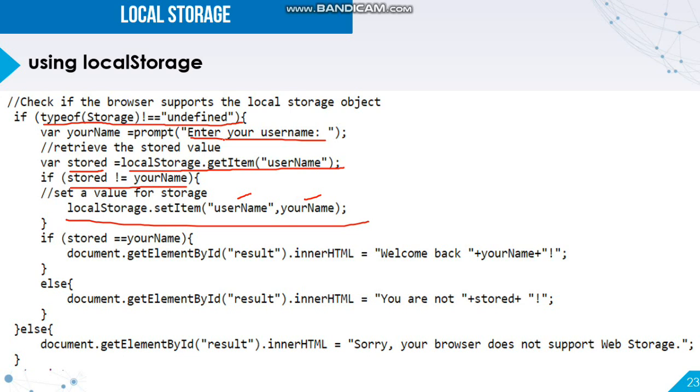So we're going to place your name as the username to be stored in our local storage. Now, if it's already stored in our local storage, then you will see a welcome back message for that particular session. And if it's not yet stored in the local storage, it shows that you are not that particular username.